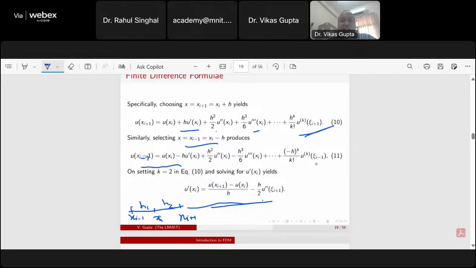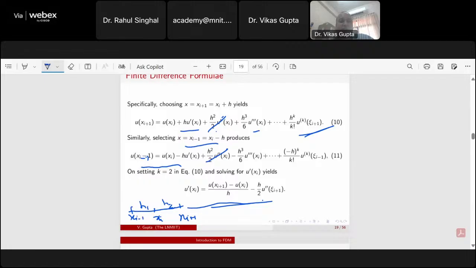So while you are setting k equal to 3 and subtracting equation number 11 from 10, that term will not be cancelled out because the mesh is non-uniform. So in that case, you are getting only first order accuracy in the central difference approximation of the first order derivative term.